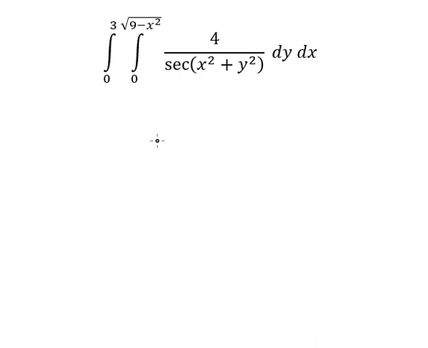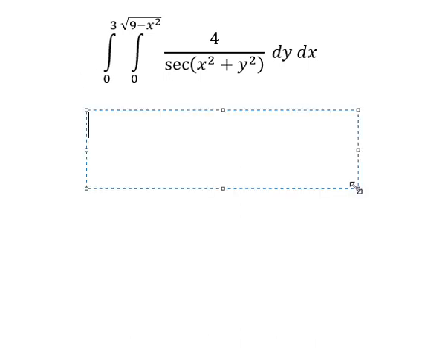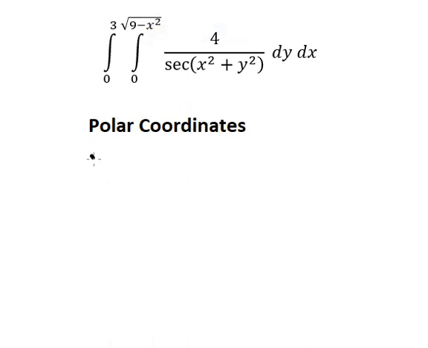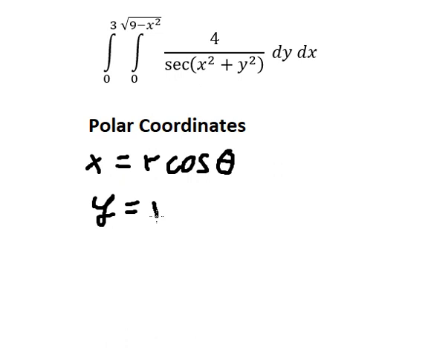So today I will show you how to answer this one. We can use polar coordinates. So I will put x equals r cosine theta, y equals r sine theta. So we have x squared plus y squared.